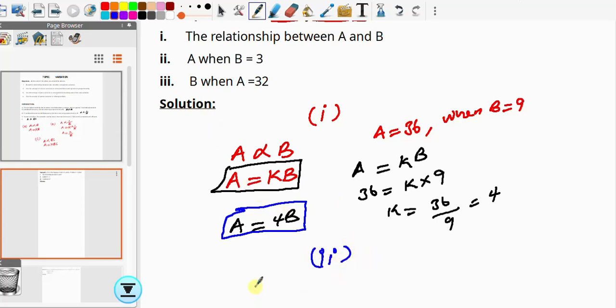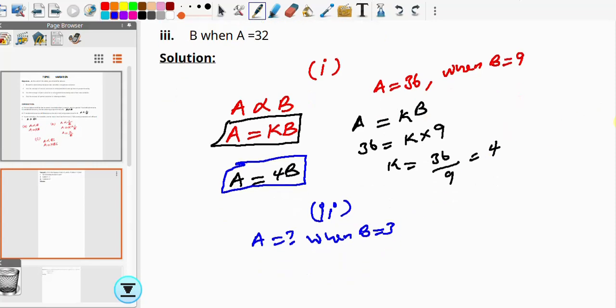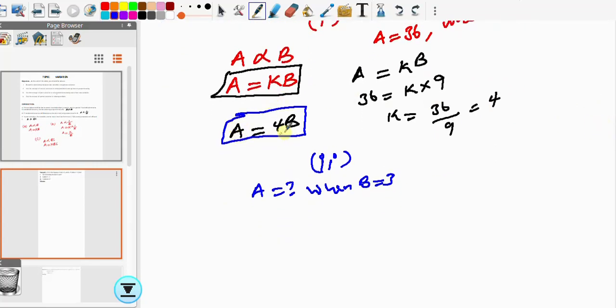The second one: we are looking for the value of A when B equals 3. Now we substitute this value into this equation. We have A equals 4B as our equation.